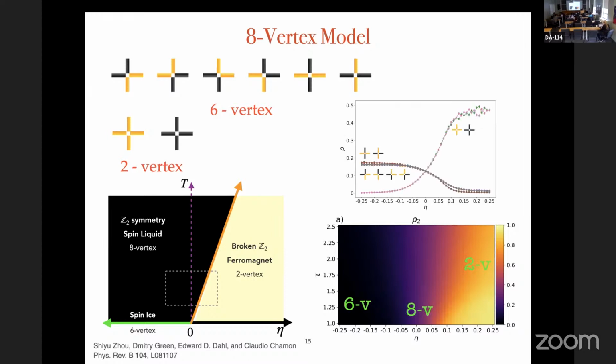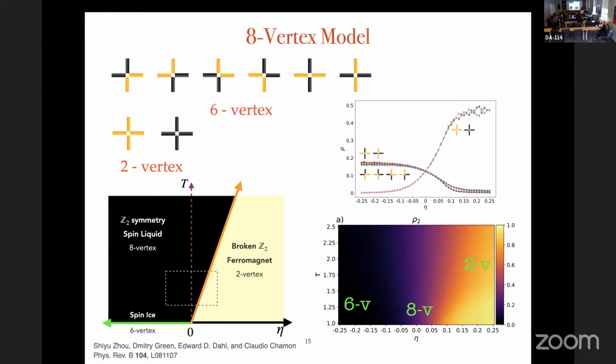Furthermore, what we can calculate is the density of every single vertex. This plot shows the deformation on the x-axis and the density of every single vertex on the y-axis.